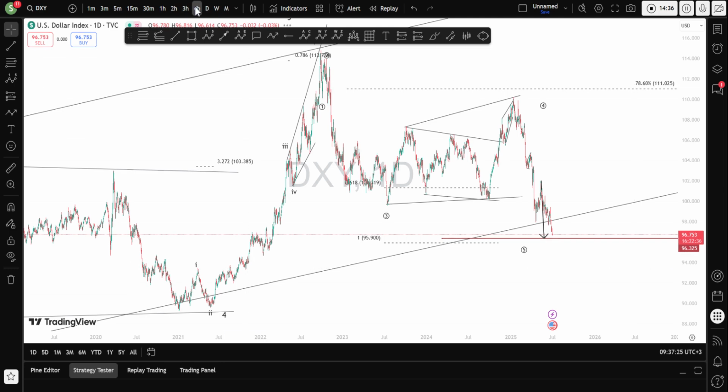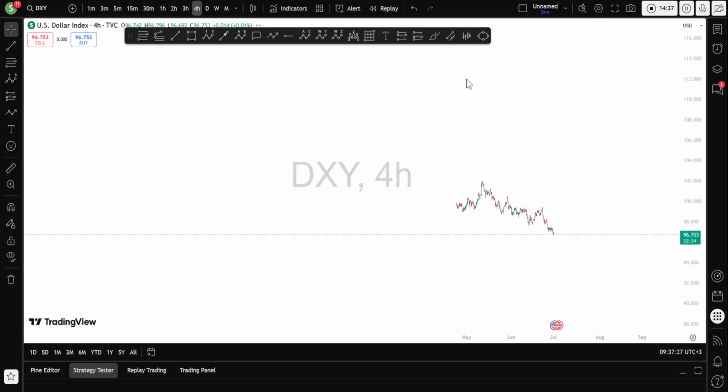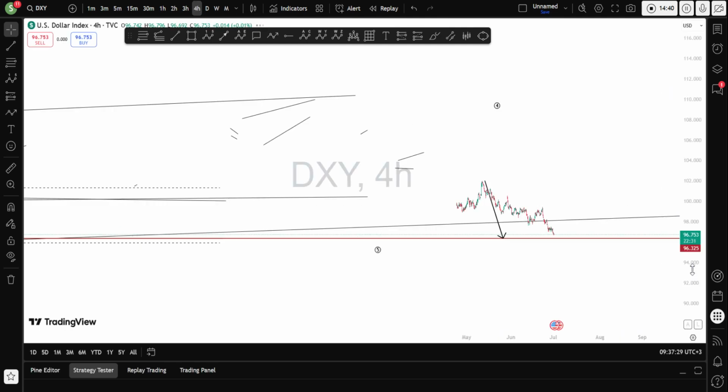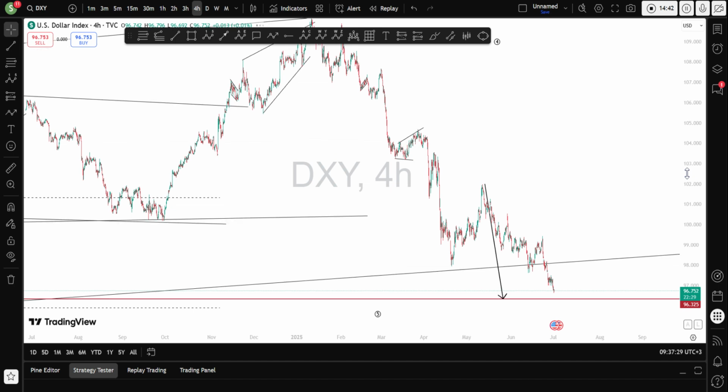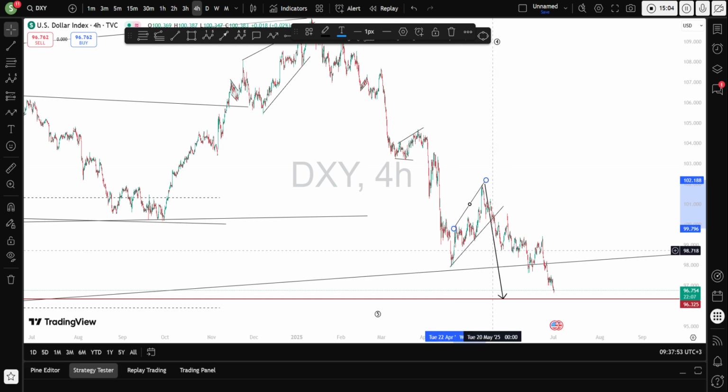Now if we check on a 4 hours time frame, we had a flag here, which is a continuation pattern, where we targeted a pole.